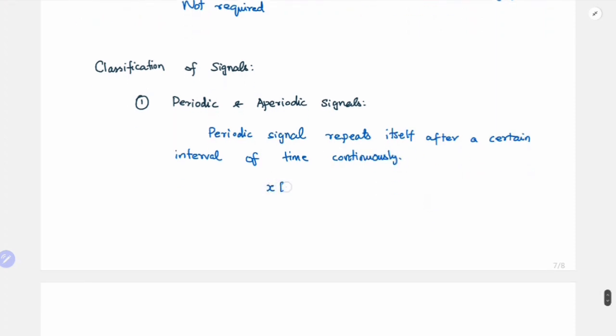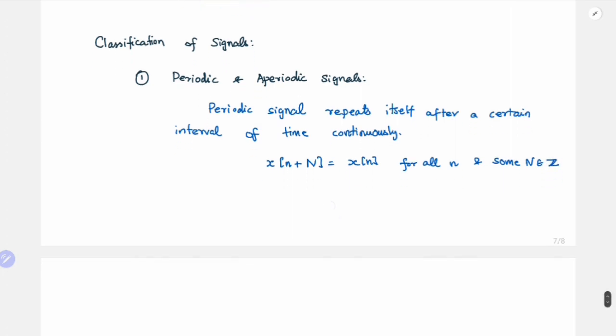So if x of n plus some N is equal to x of n for all n, and some N belongs to integers, or let's say positive integers, or natural numbers, then x of n is periodic.